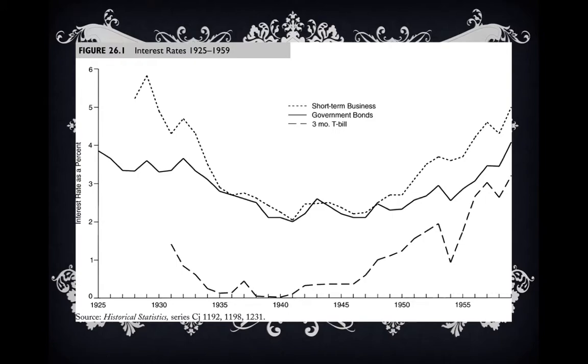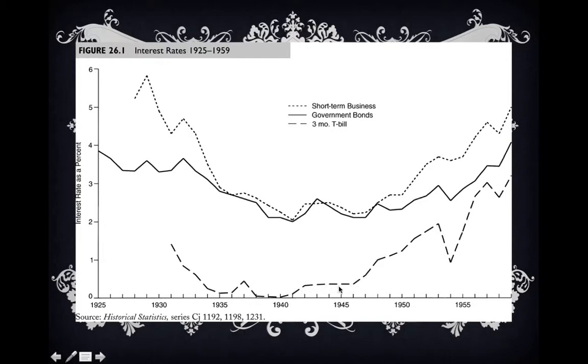All the way through the 30s, we see that interest rates are declining going into 1941, and they remain relatively stable. All right, government notes remained relatively stable. T-bills we see increasing during the time period.